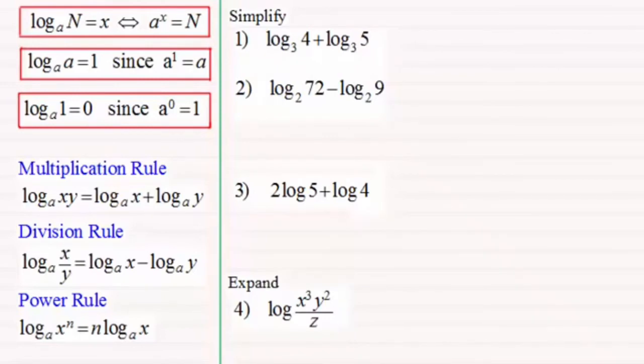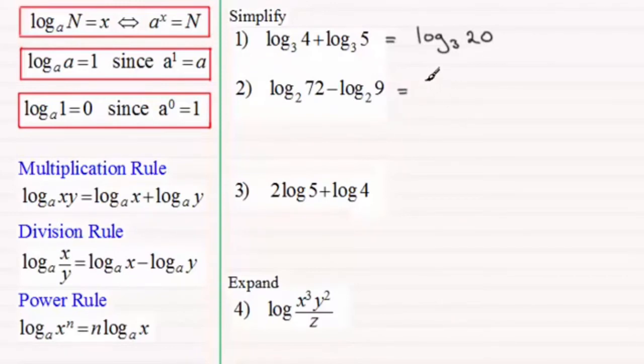Okay, welcome back then if you had a go. So for this first one, the log of 4 in base 3 plus the log of 5 in base 3. Well, what's this going to be equal to? Well, we pick up on the multiplication rule here, and we should be able to see that this is the same as the log in base 3 of 4 times 5. 4 5's are 20. For number 2, log of 72 in base 2 minus the log of 9 in base 2. This uses the division rule.